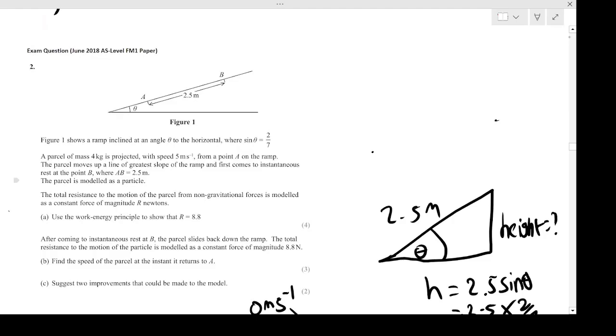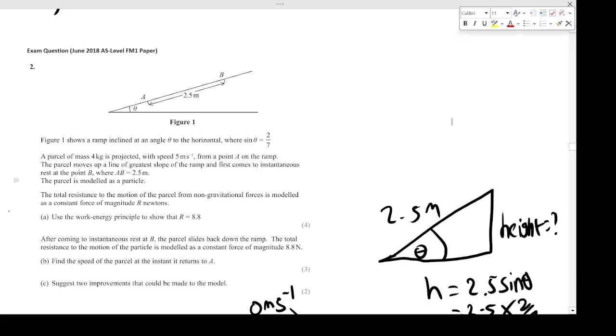Well, first of all, one common reason is the fact that the resistance force is constant. I highlighted it here. That means it never ever changes. Now, in reality, do you expect friction to always be the same?